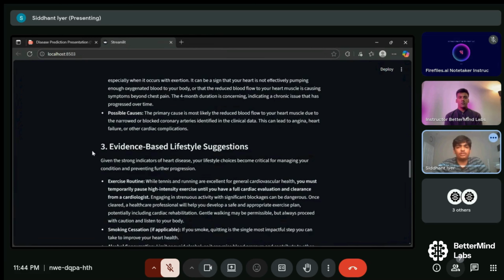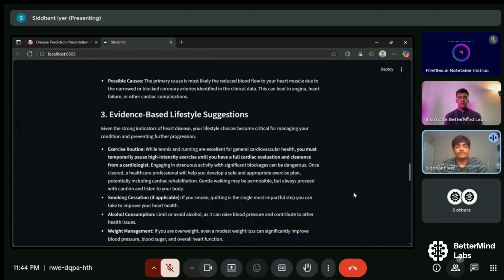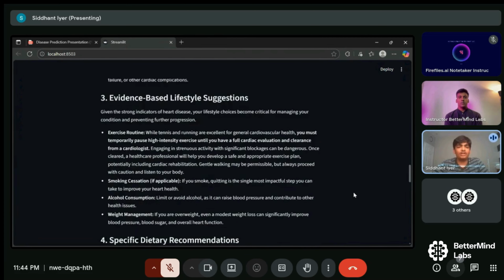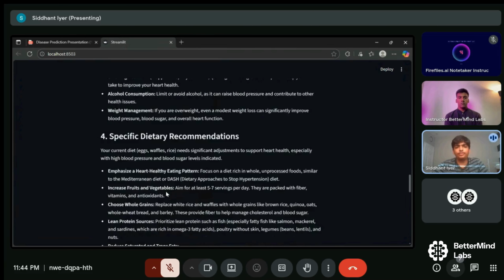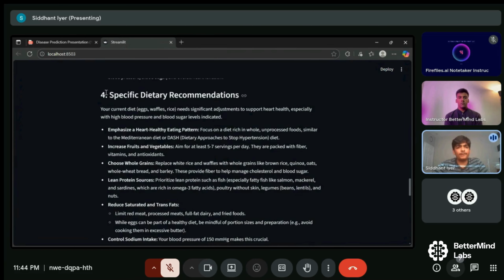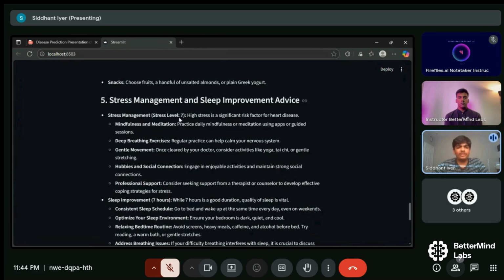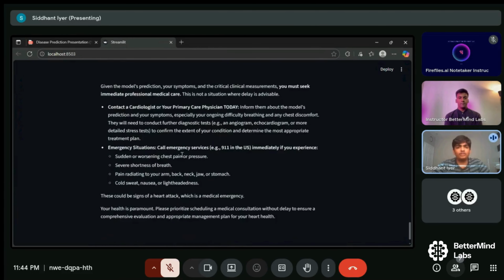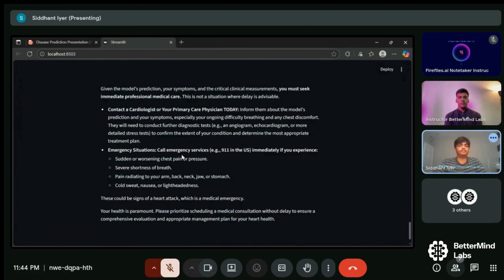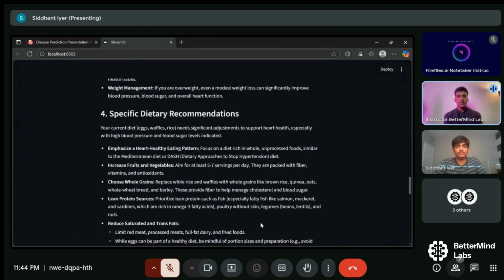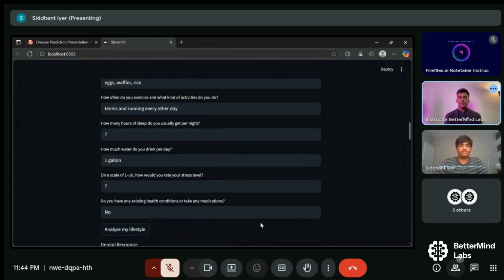It shows lifestyle suggestions such as your physical activity or how much consumption you have, dietary recommendations for food, and your stress management. Nicely gathered suggestions. Good work on this. Thank you.